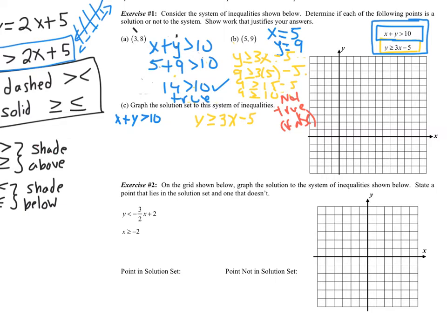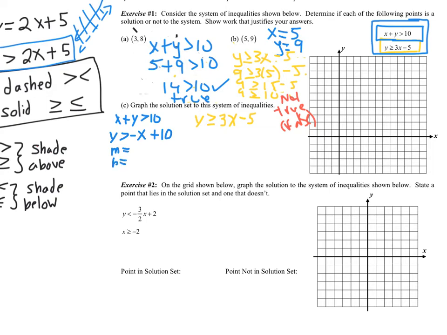For the blue equation, I need to modify it a bit by solving for y, so it's y equals. To do that, I'm going to subtract x from both sides. I get y is greater than negative x plus 10. I wrote it there because now I can identify the slope and the y-intercept very easily.